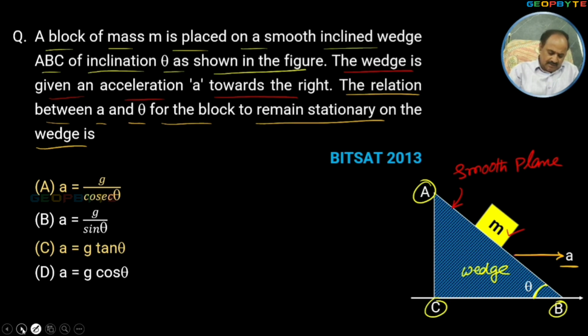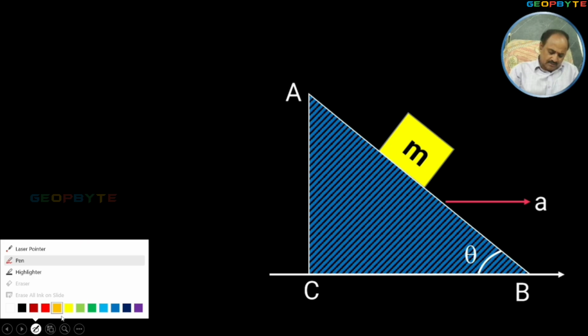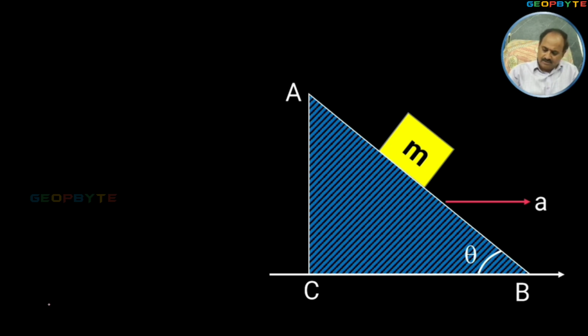For that, let us take the enlarged diagram. Now I am going to mark the self weight of the block. The self weight is acting vertically downwards, and this is the normal reaction direction. With respect to the normal reaction direction, the self weight is making an angle theta.